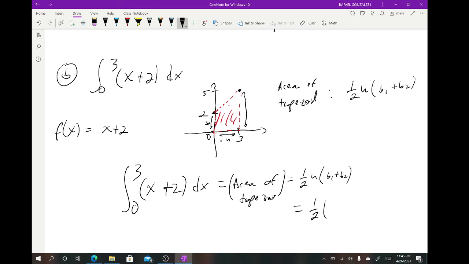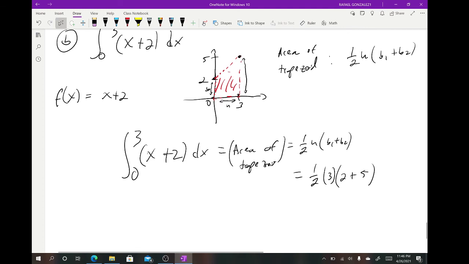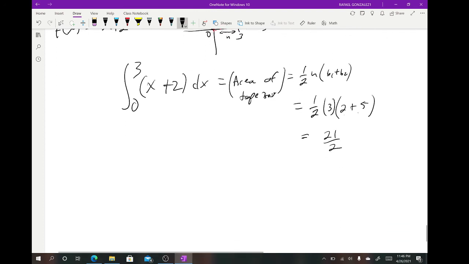The height here is 3 because you go from 0 to 3. Base 1 is 2 because you go from 0 to 2. And the other one is 5 because you go from 0 to 5. So 2 plus 5. And when you multiply all of this together, 2 plus 5 is 7. 7 times 3 is 21. So you get 21 over 2. So we got that the area of this trapezoid is 21 over 2.